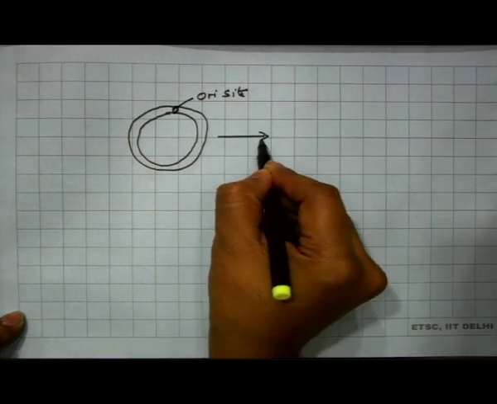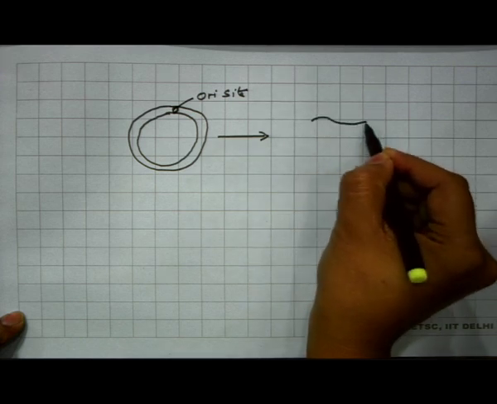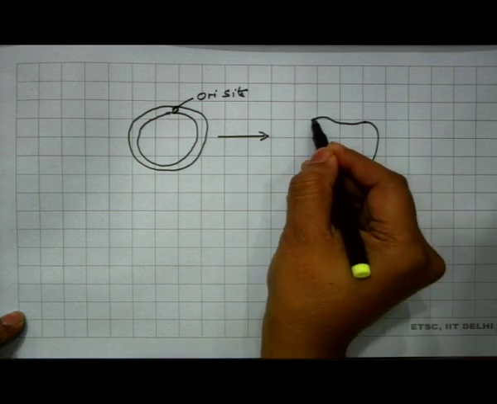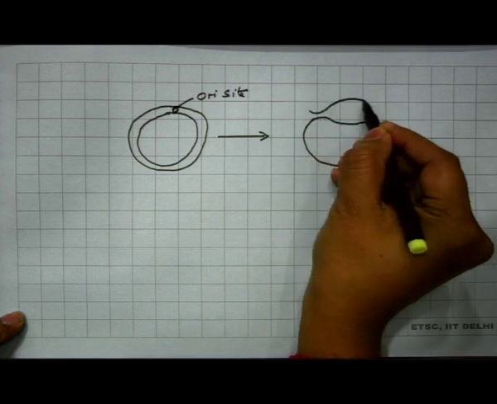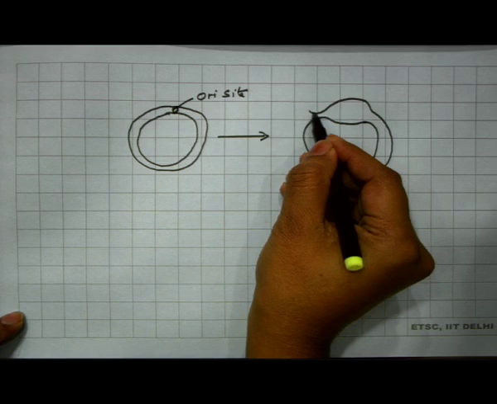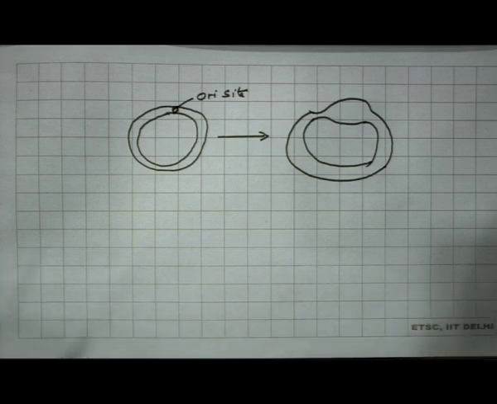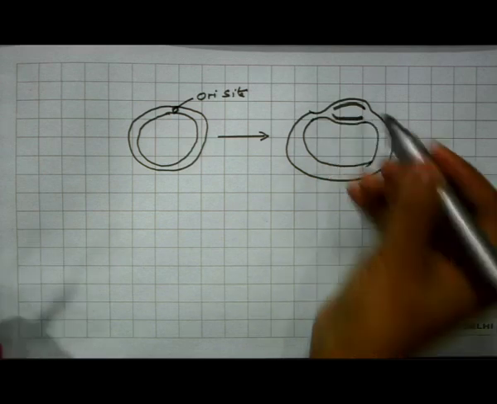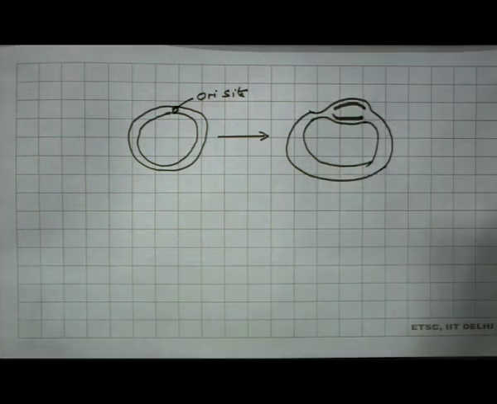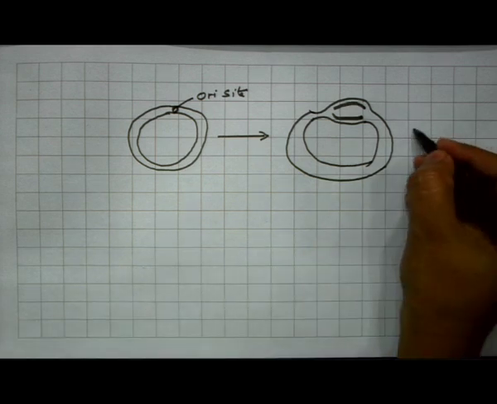From this ori, both the strands will get separated and from this separated strand the DNA will replicate. The structure seems to be like theta, so that is why it is known as theta replication.